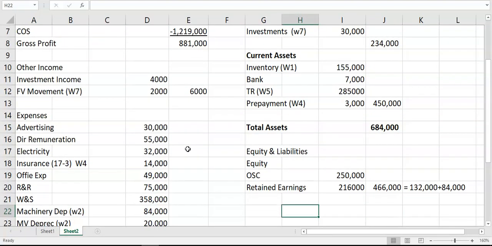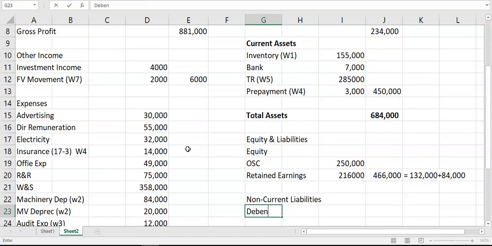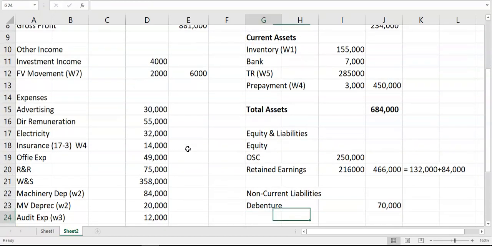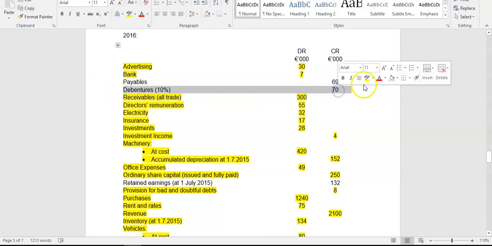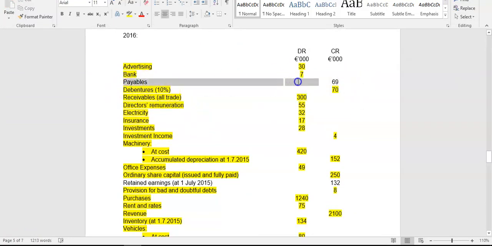To that, then we add our non-current liabilities, which we have 1. And that is our debenture. Our debenture we know is 70. So we can tick that off. That's one of the main credits. And the last one then is we have our payables. We've done retained earnings already.